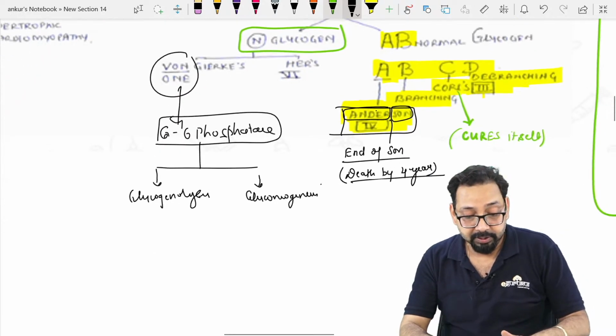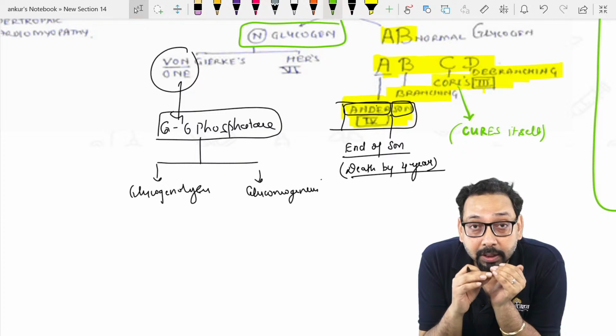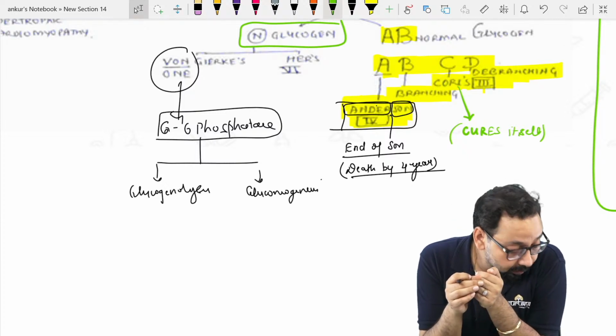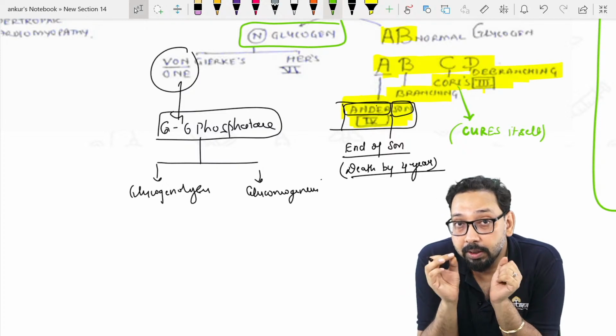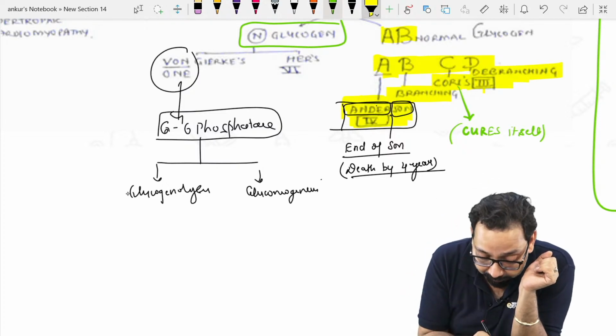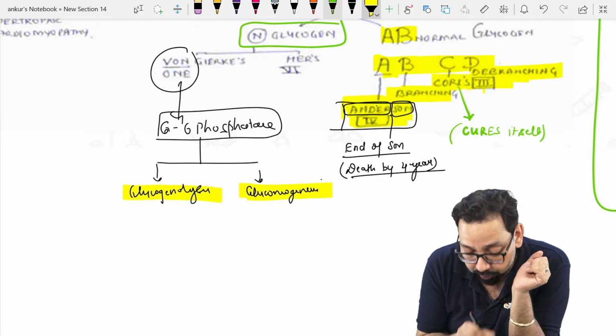This enzyme is the last enzyme in liver glycogenolysis and gluconeogenesis. So in the liver neither glycogenolysis nor gluconeogenesis occurs.